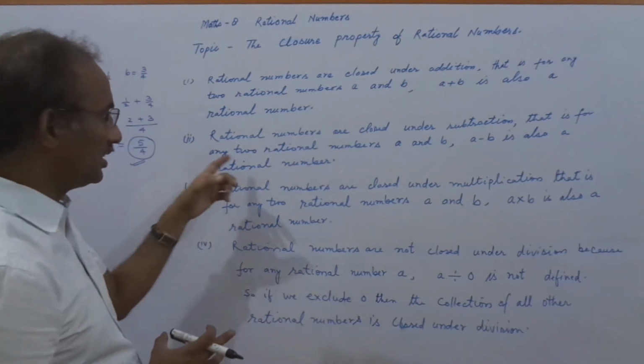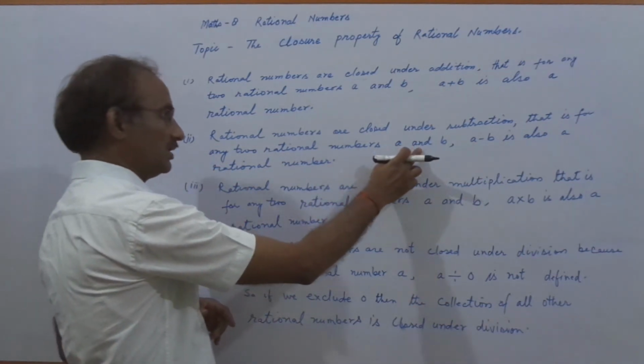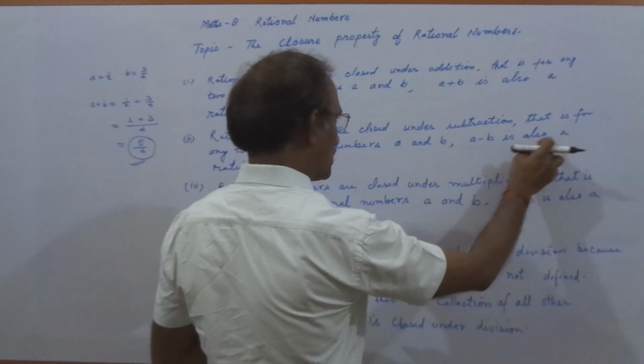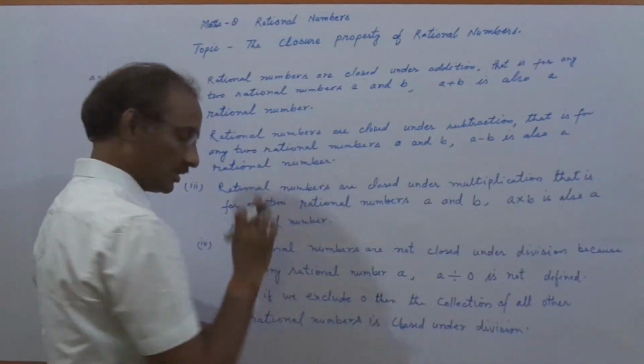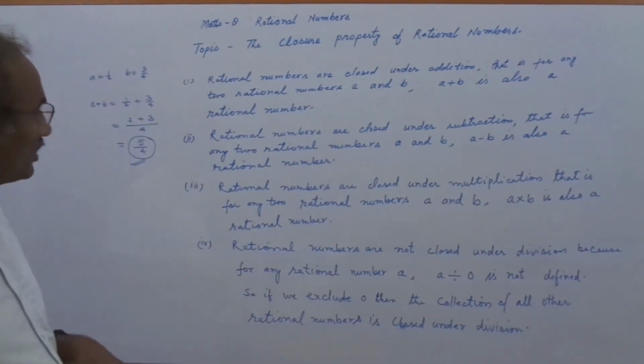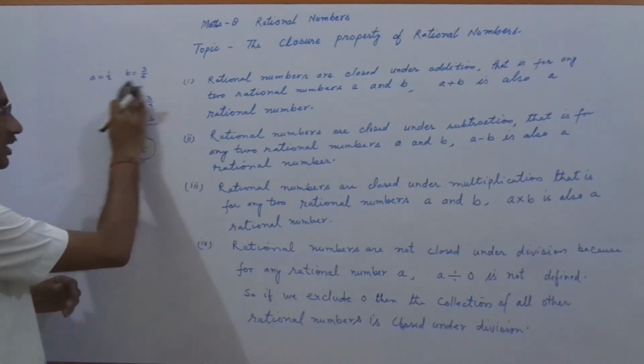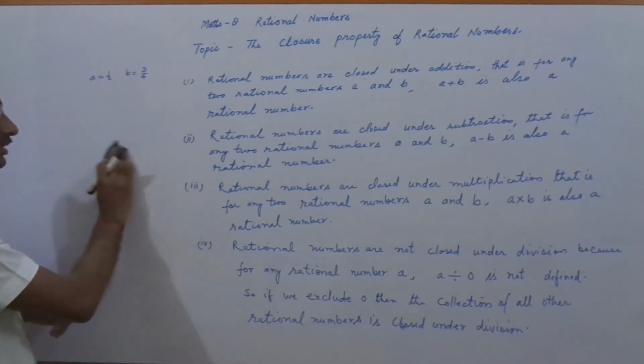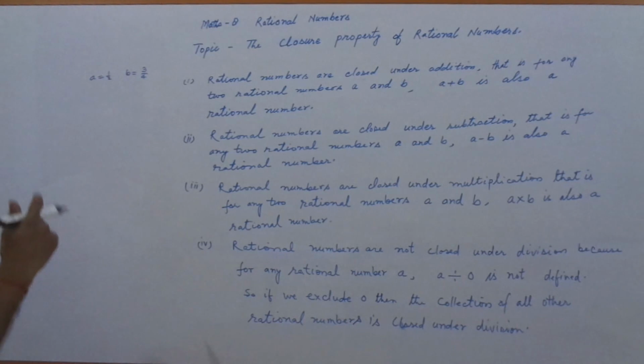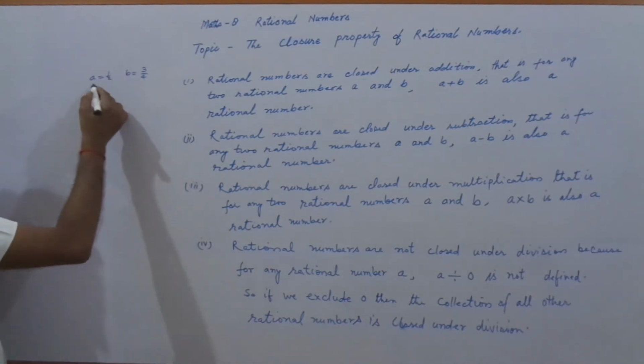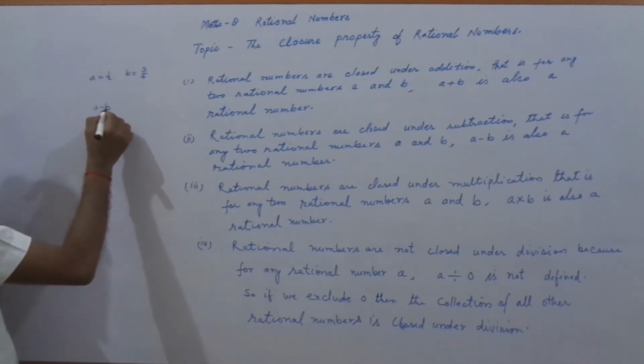That is, for any two rational numbers a and b, a minus b is also a rational number. Here we have a equal 1 upon 2 and b equal 3 upon 4. So on subtracting b from a, we get a minus b.